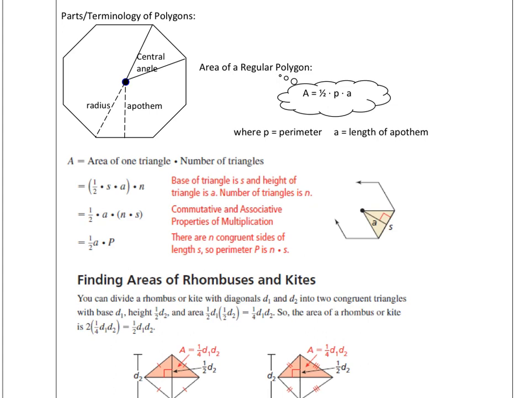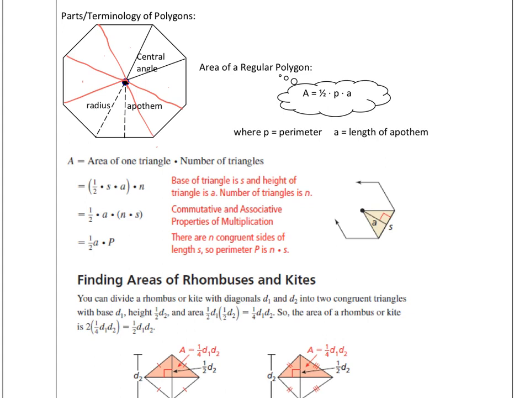For example, in this situation, I would have one triangle, two triangles. I could break it up, and since this is an octagon, I end up with 1, 2, 3, 4, 5, 6, 7, 8 triangles that I've formed out of that.